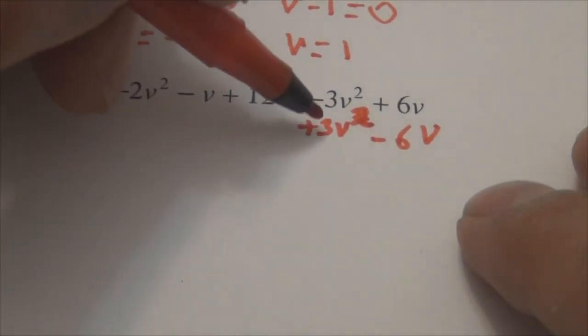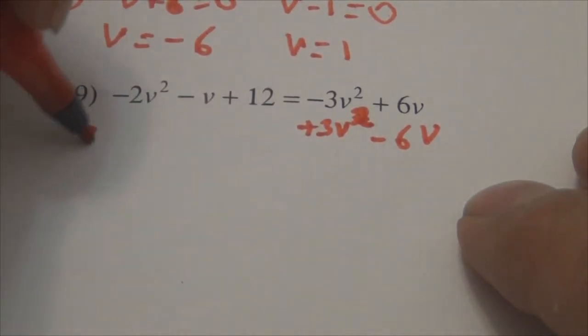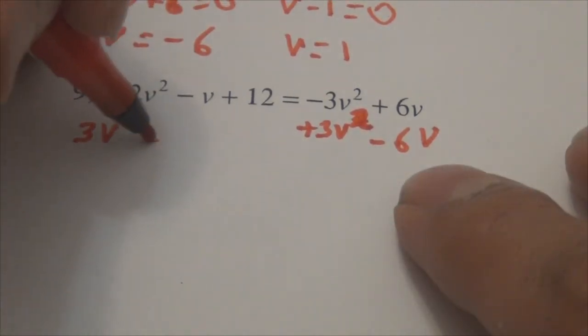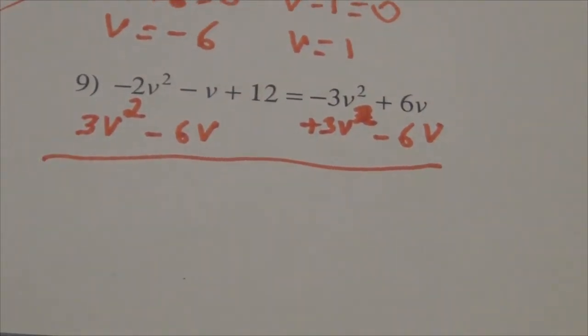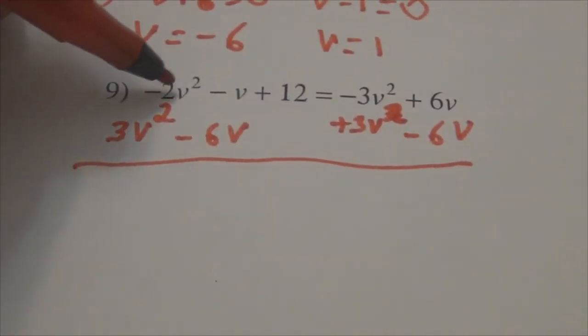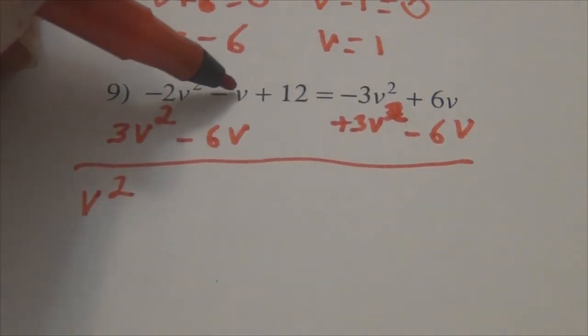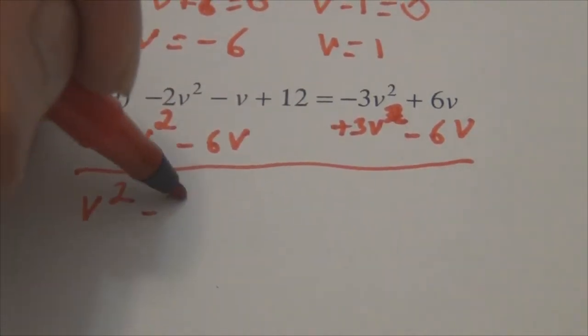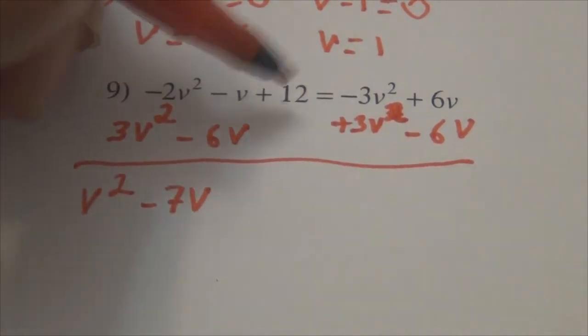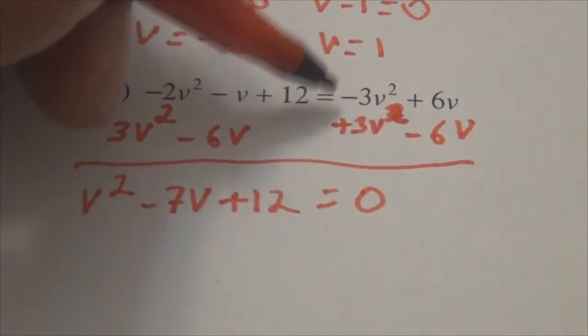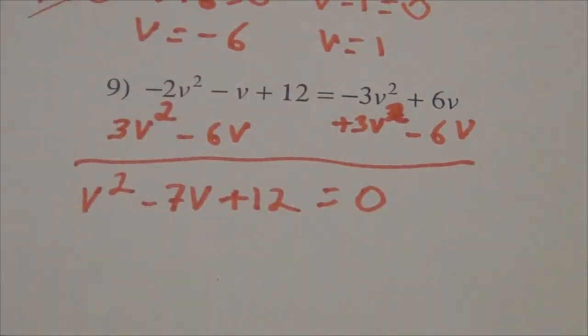So the 3b squared goes here, and the negative 6b goes right here. Okay? So now, negative 2b squared plus 3b squared is b squared. Negative 1b minus 6b is negative 7b. 12 didn't do anything to 12, so plus 12 equal to, see, I added the opposite, so now this is 0.